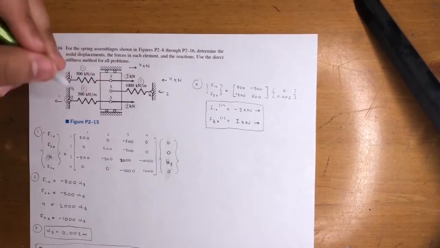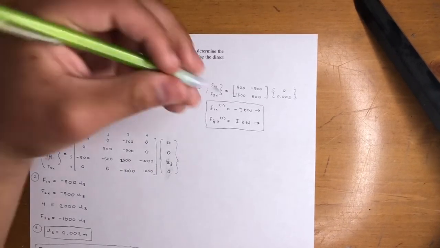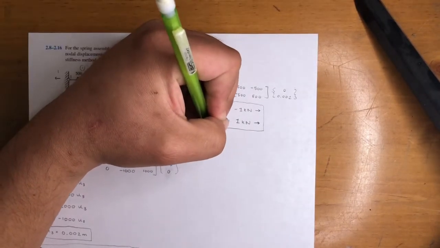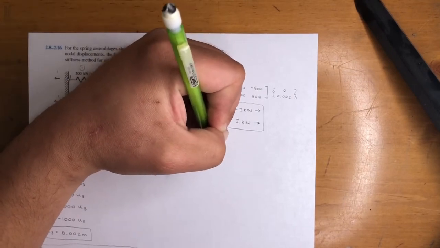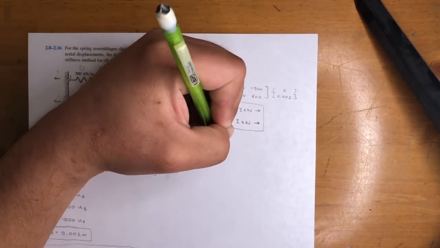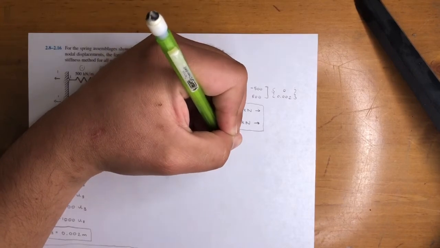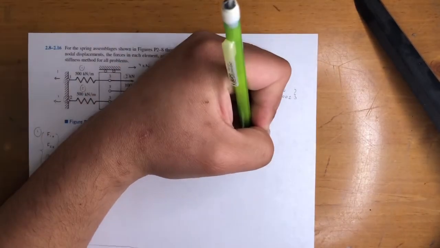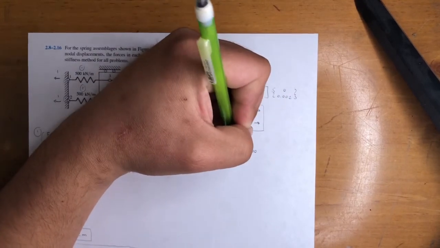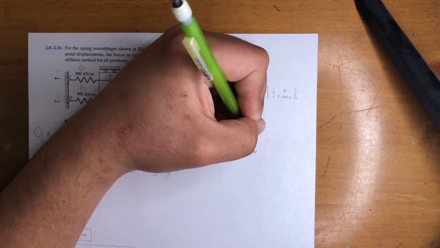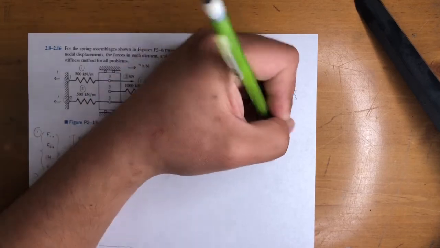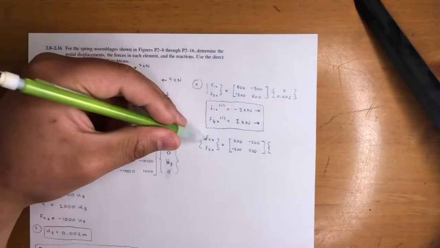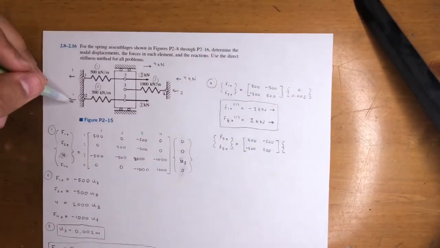Second one, it is between nodes 2 and 3. So F2x, F3x equals, and that value is 500. So it's 500, 500, negative 500, negative 500. And that is U2 and U3 because it's between nodes 2 and 3.